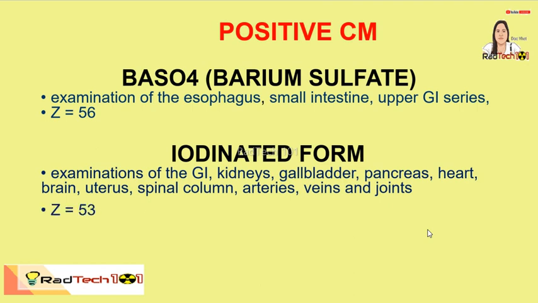The atomic number of iodine is 53. So, positive contrast media must have a high atomic number. That is why we are using barium and iodine, so that they will absorb X-rays or radiation and the structure will appear radiopaque or white on the radiograph for evaluation.